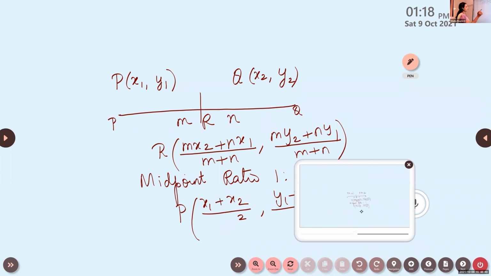Add all the x coordinates and divide by 3, and add the y coordinates and divide by 3. So these are the formulas we have learned in coordinate geometry.